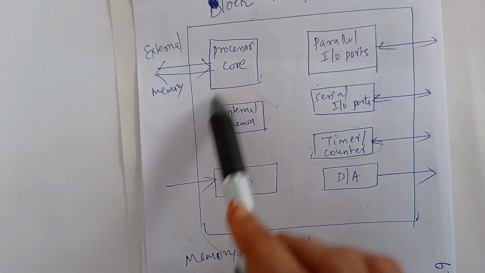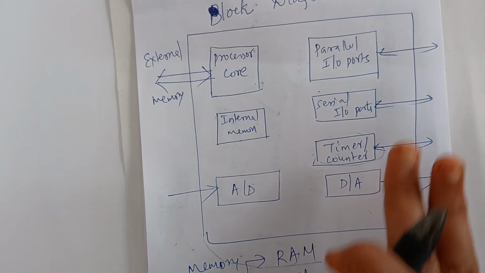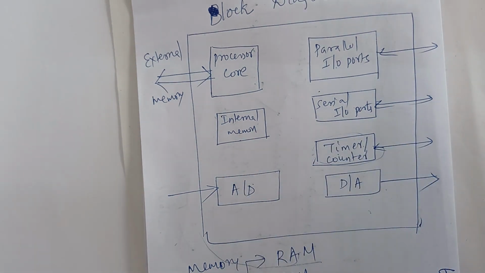So all these things are integrated in a single chip. This is the block diagram of an embedded processor, and since the operations and applications are based on the microprocessor, it is also known as a microcontroller chip. So this is a microcontroller chip, and this is its block diagram. Thank you.